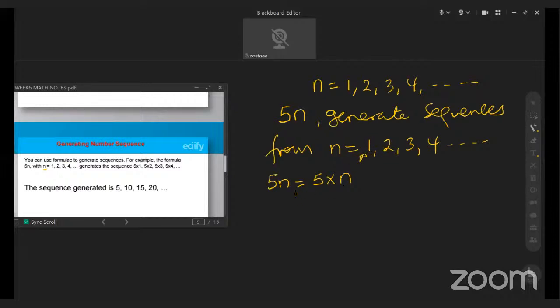So for n equals 1, this will be 5 times 1, which is equal to 5. This is our first number.